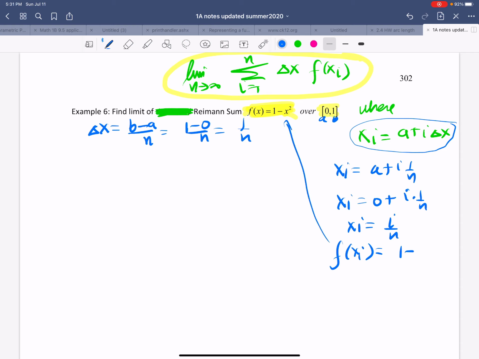So it's going to be 1 minus whatever xi is, that's i over n to the second power, which is 1 minus i squared over n squared. Okay, that was the only harder part here.